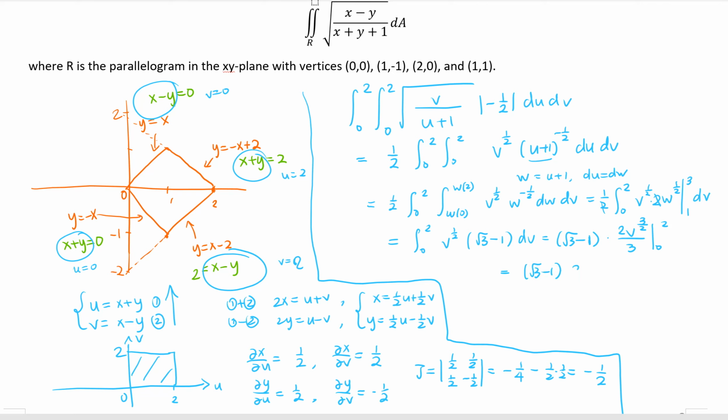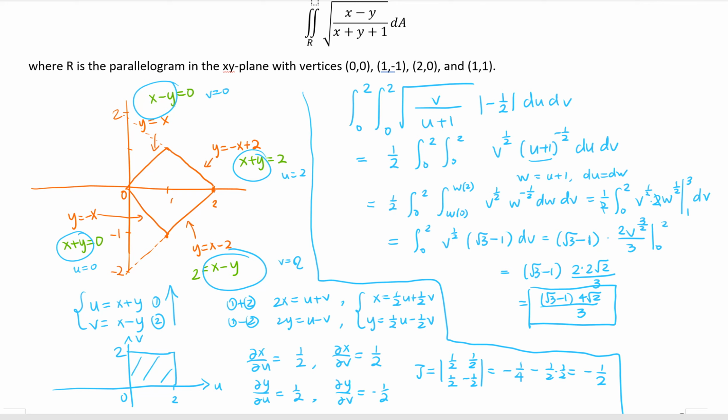Here, square root of 2 and then cube it, so this is the same as 2 root 2. And then when we plug in 0, it's gone. So that's why we have root 3 minus 1 times 4 root 2 over 3. So this is the final answer. So far so good, everybody?